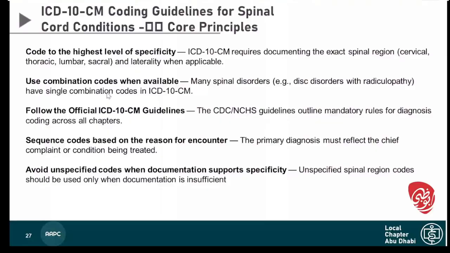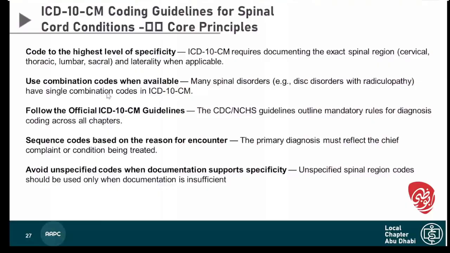Avoid unspecific codes when documentation supports specificity. Otherwise, we have to raise a query for the physician. Do not report unspecified spinal region codes, which will also sometimes lead to rejection. These are the criteria we have to be careful about while coding.